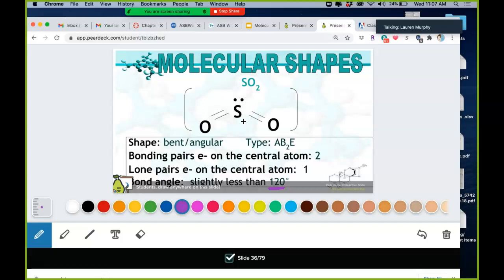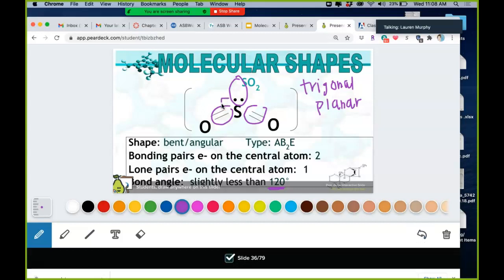Look at this bond angle right here, slightly less than 120. Where do you suppose that came from? Well, that came from this concept of electron geometry. There are 1, 2, 3 groups of electrons around here. Trigonal planar for 3 groups of electrons, right? This is just not a bonded pair, it's a lone pair. And what do we know about lone pairs?